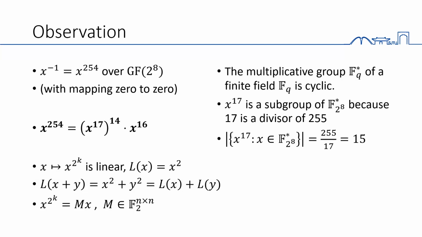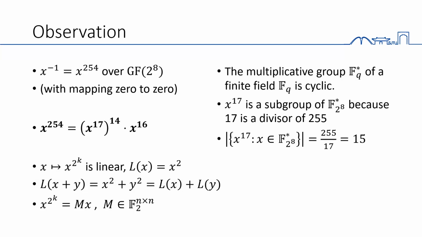We discovered that x to the 254 equals x to the 17 to the 14 multiplied by x to the 16. So why is this formula special? First, x to the power of 2 is linear over finite field of characteristic 2. Let L of x be the square function.